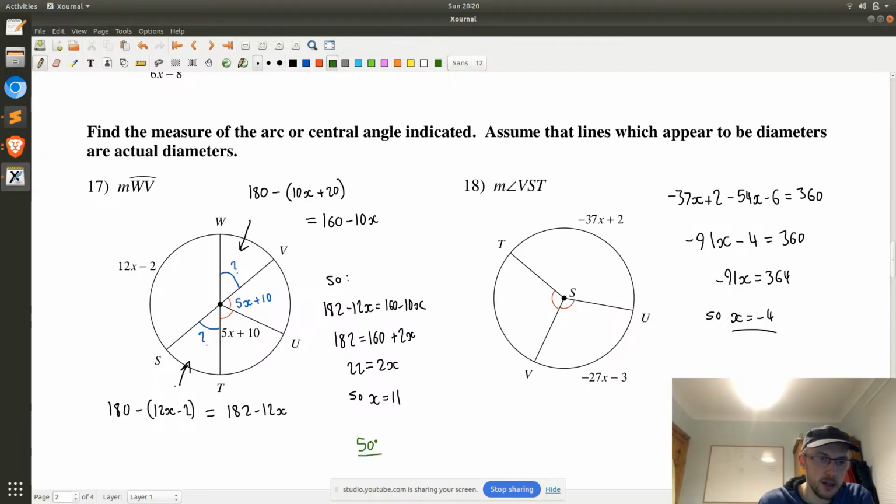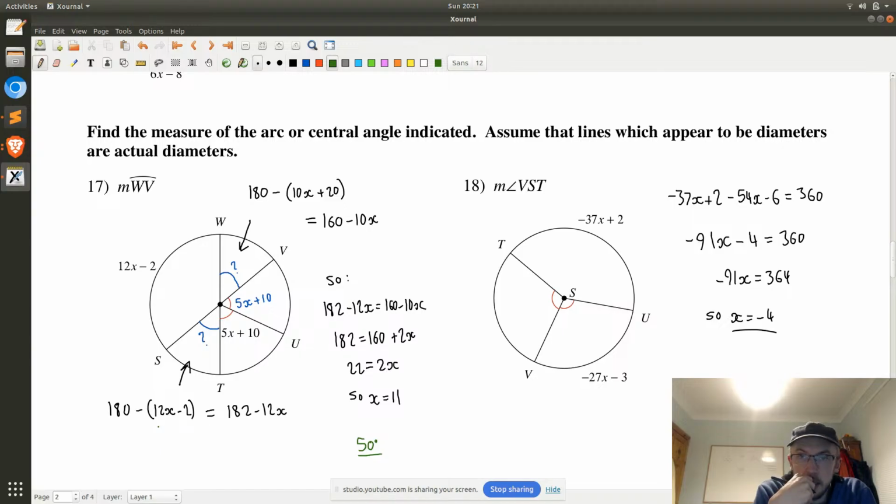And if I try that here, well, 11 times 12 is 132. No, that doesn't work. That's not correct. No, it is. 132 minus 2 is 130, and take that away, and that's 50.